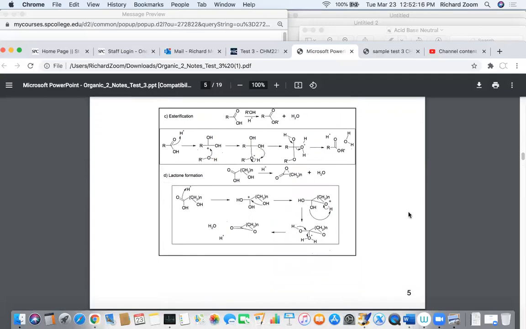Now, if we look at this reaction, I'm not going to go through all these reactions, because what I'm planning on doing here is just hitting the highlights and trying to show you how to get the products of these reactions without having to do the mechanism.